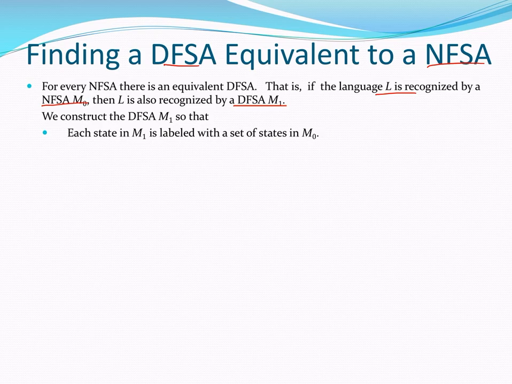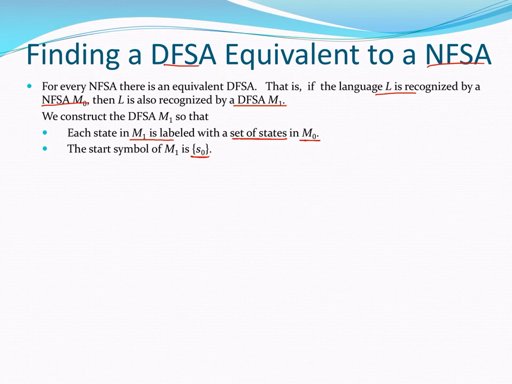So each state in M1 is going to be labeled with a set of states in M0. And then the start symbol for M1 will be the set containing S0.